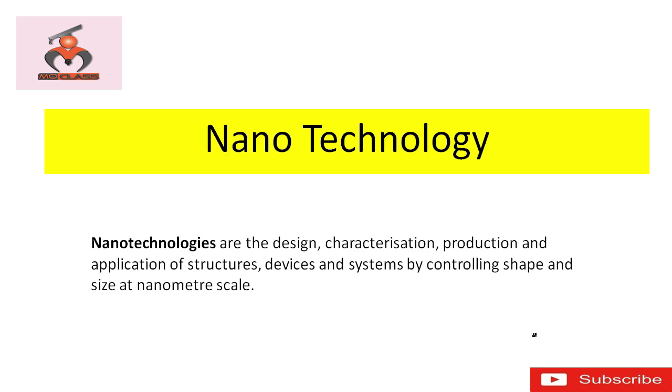Nanotechnology is the technology which involves the design, characterization and optimization of product manufacturing or production, and its application of structures, devices and systems by controlling the shape and size in the nanoscale range. Nanotechnology involves the manufacturing or production of products in the nanoscale range.